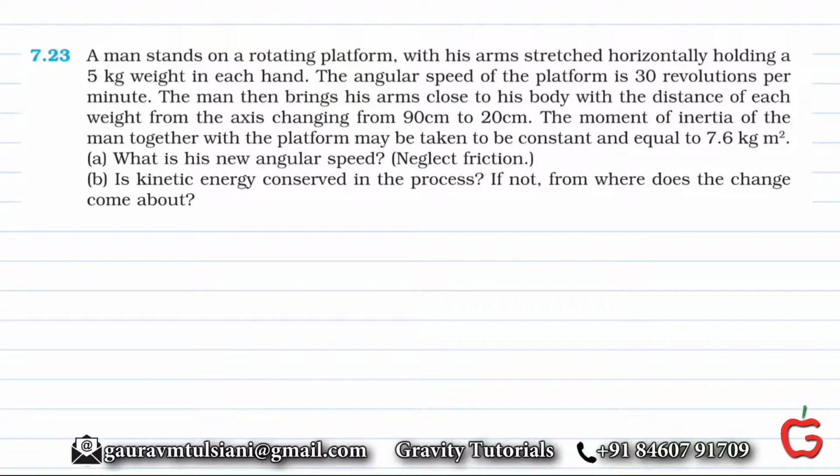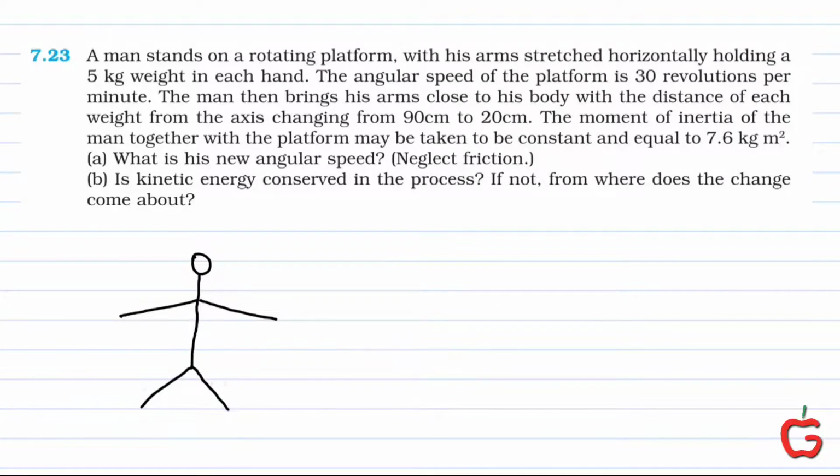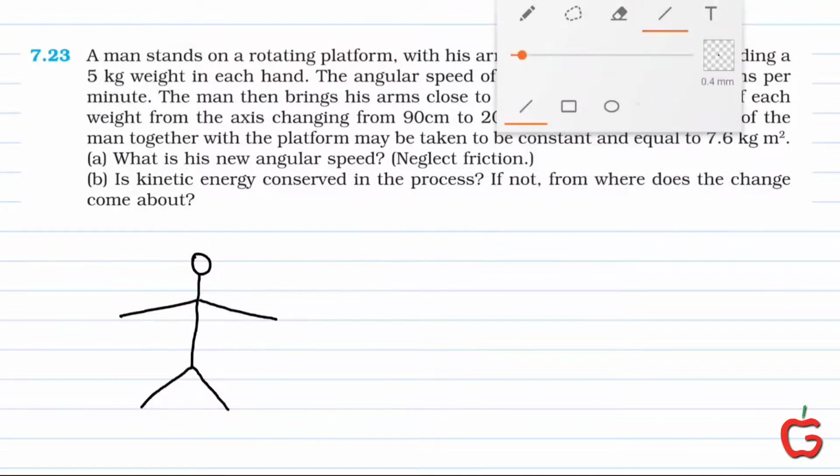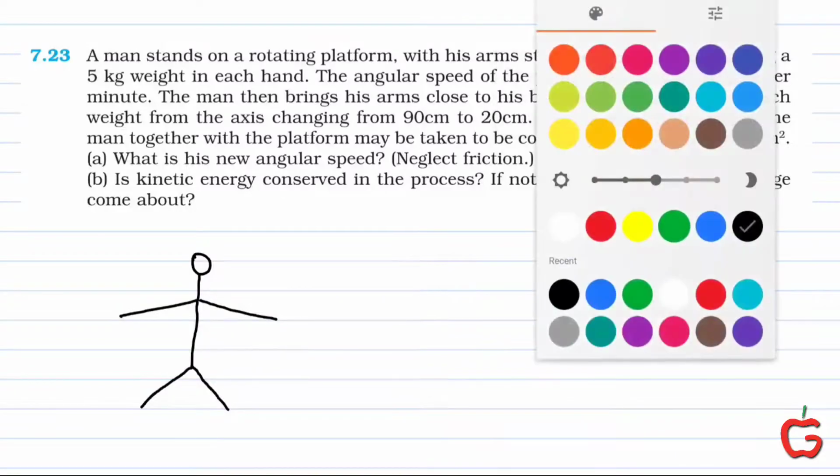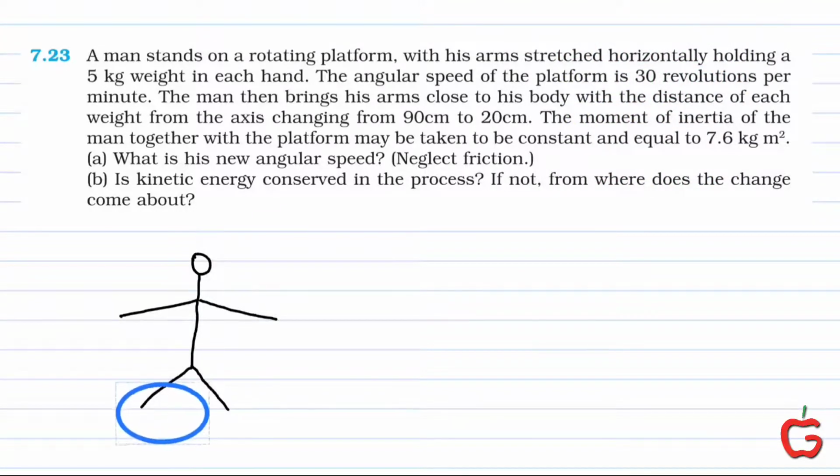So there is a man who is holding 5 kilogram weights in both his hands and who is standing on a rotating platform. So we have a platform here that is rotating. The man is standing on the platform. The platform is rotating like this maybe.